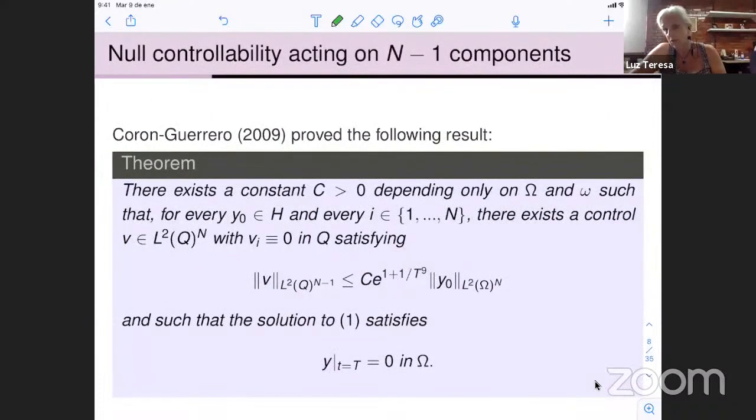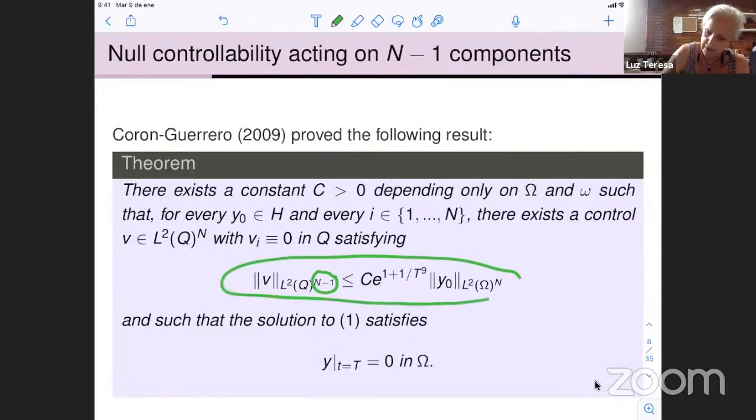In fact, what Coron and Guerrero prove is that you can drive the solution to 0, but acting with only n-1 components, and in fact you can have this bound for the control.